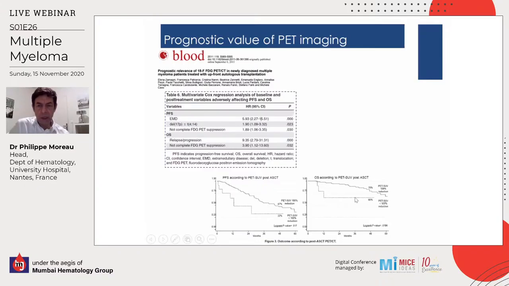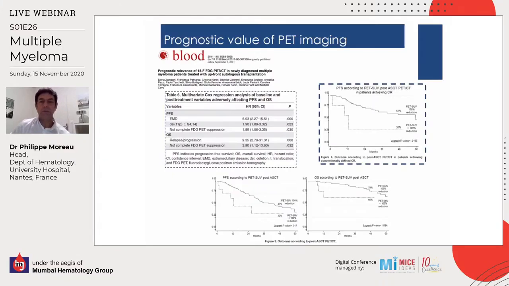And you see here the outcome of patients for both progression-free survival and overall survival when PET-CT was negative after stem cell transplantation. So overall survival is improved, PFS is improved, suggesting that PET may predict the outcome not only after induction, but also after stem cell transplantation.